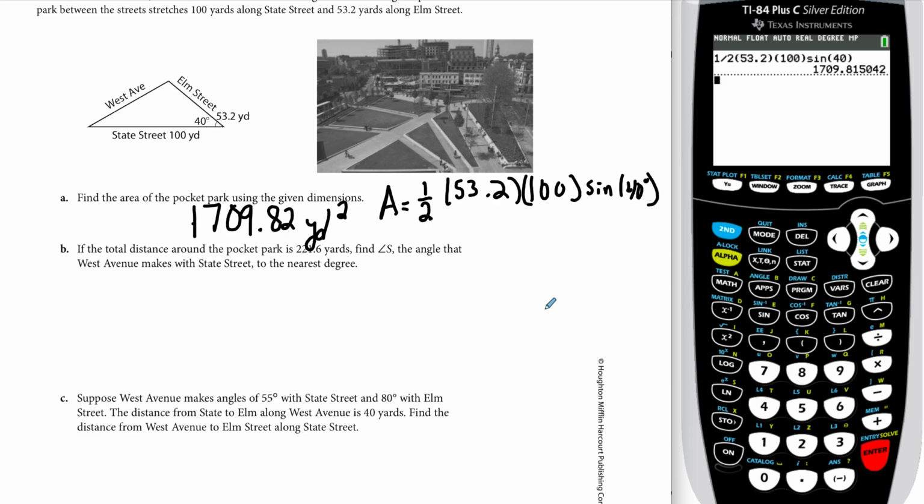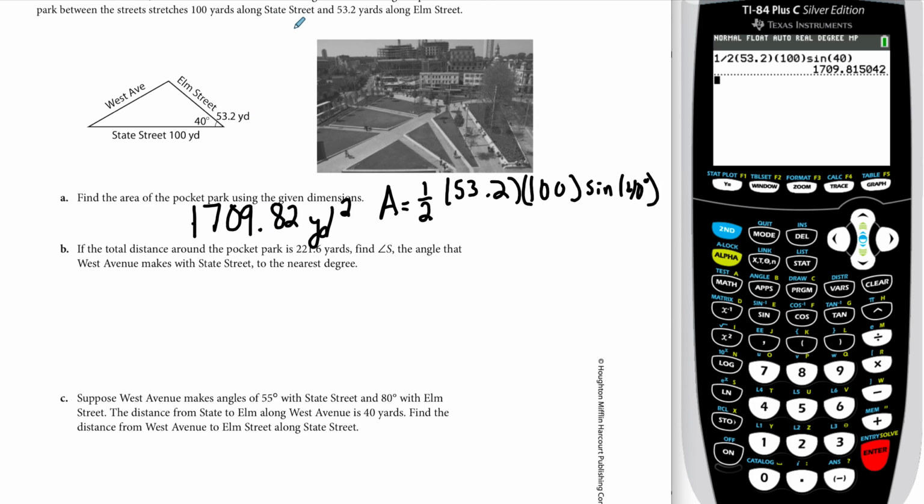All right. Question B: if the total distance around the pocket park is 221.6 yards, find the angle S, which is the angle that West Avenue makes with State Street, to the nearest whole degree. Here we're being given a little more guidance with regard to our units.